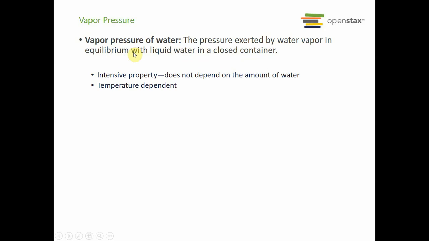If it's at any lower partial pressure, more water will evaporate from the surface. It is an intensive property. It does not depend on the amount of water, and it is temperature dependent. So a higher temperature gives you a higher vapor pressure of water.